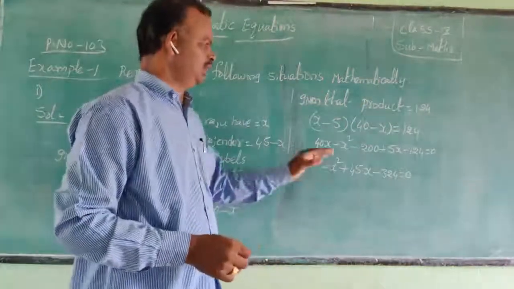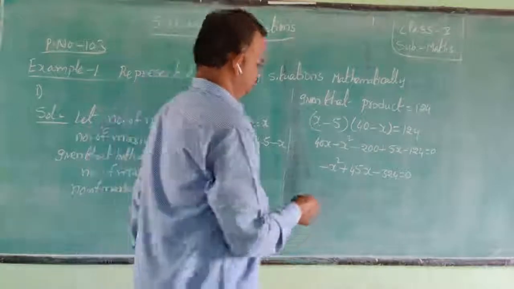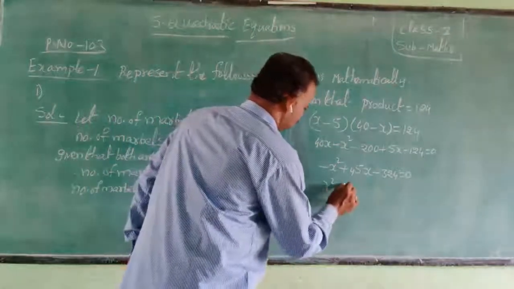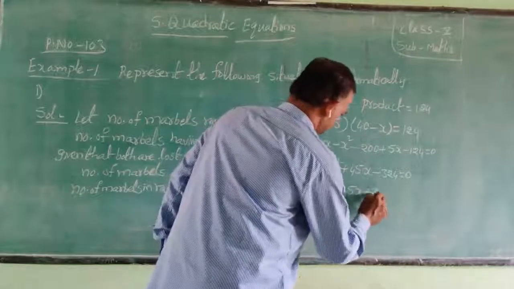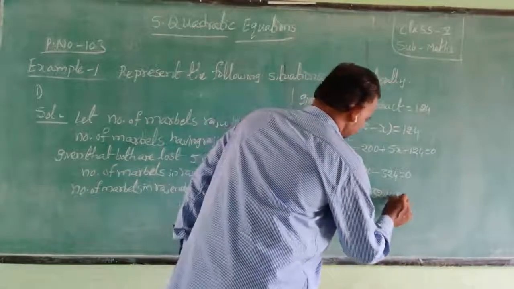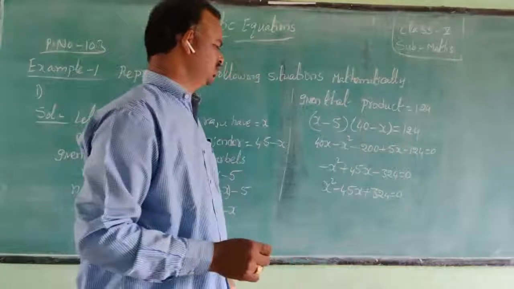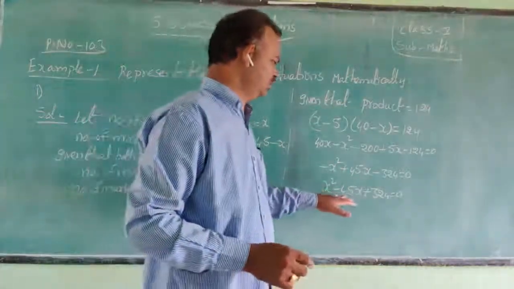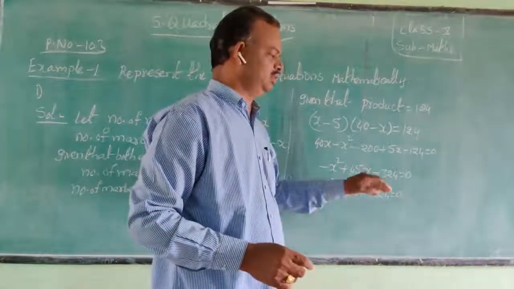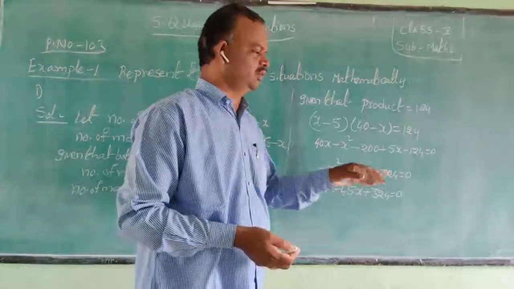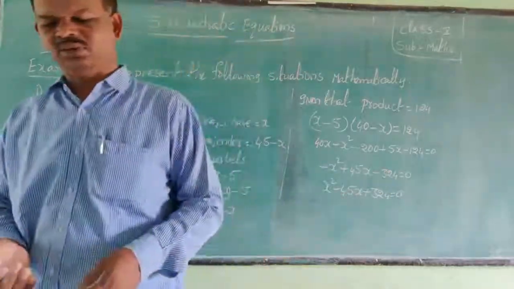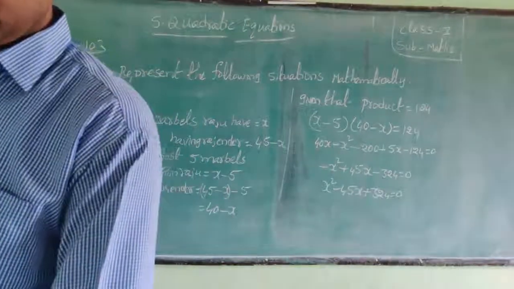Now we are multiplying with a minus: x square minus 45x plus 324 is equal to 0. This is the required quadratic equation.